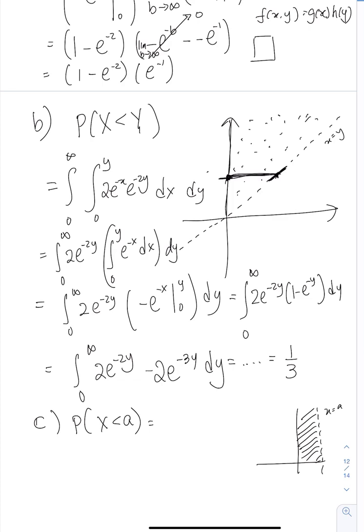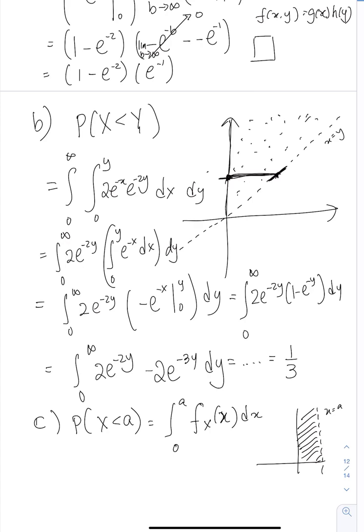x goes from 0 to a, you could have that be inside, that's fine too. Let's just write it like this.